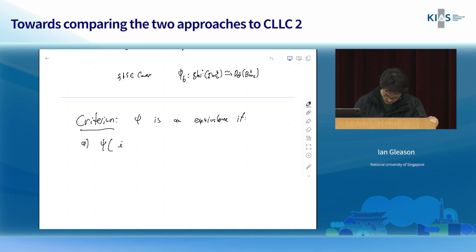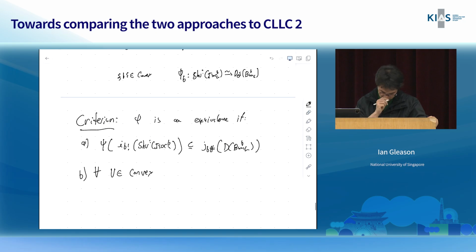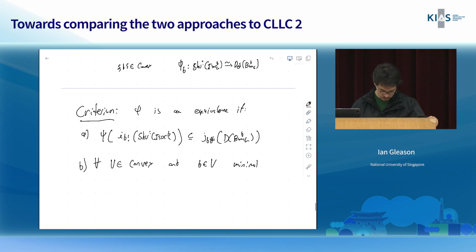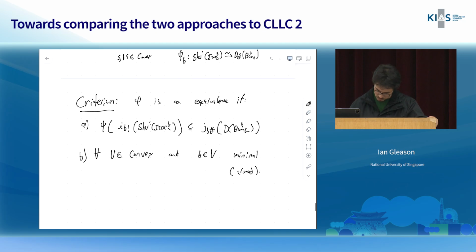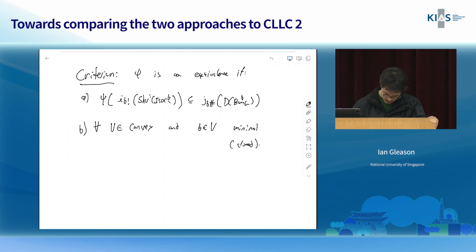I want to verify that IB shriek of sheaf shriek Isoc GB is inside JB sharp of D Bun GB, for every convex set and B in B minimal, or you can think of it as a closed point if you're thinking in the Isoc topology. Then I need to tell you why the following is true.